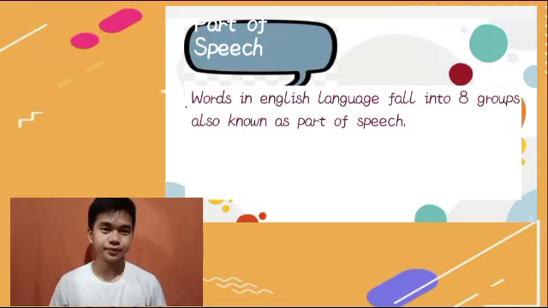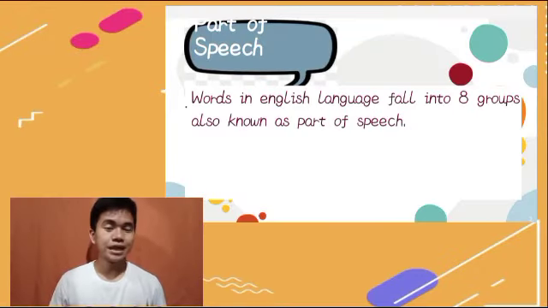Good morning, students. For our lesson today, we are talking about the eight parts of speech: the noun, pronoun, adjective, verb, adverb, preposition, conjunction, and interjection. In this lesson, I will explain each of these categories and give an example for our discussion. Before we start, I'm going to define first what a part of speech is.